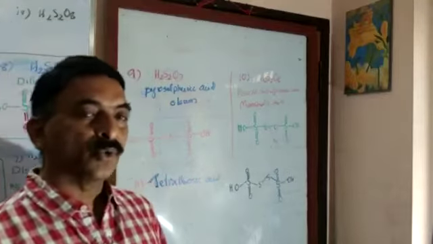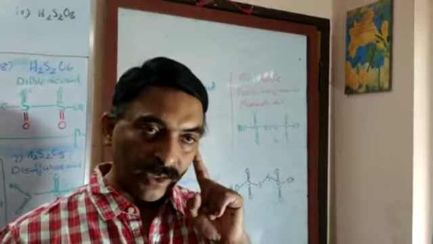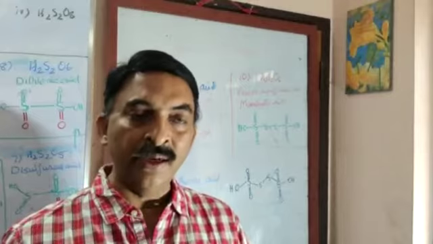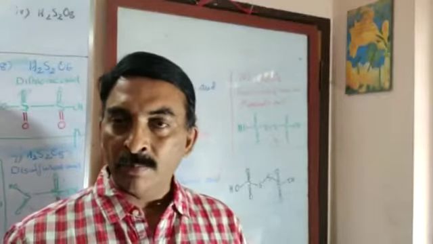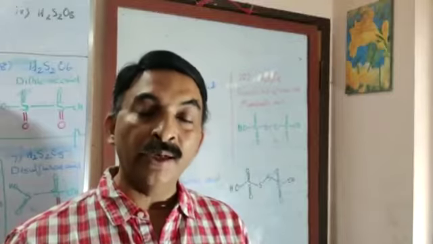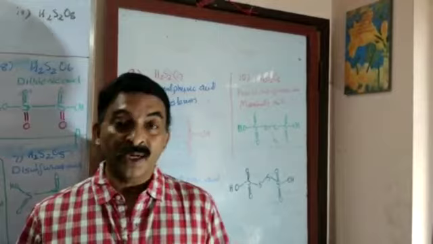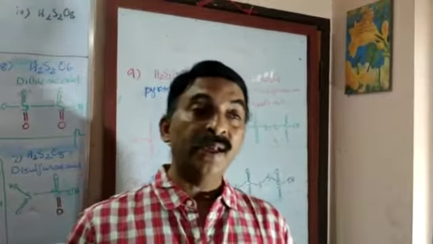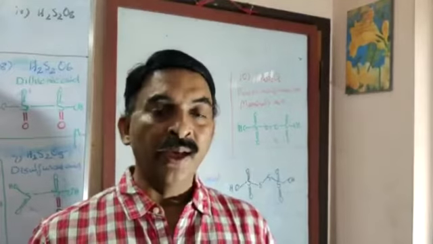We are familiar with sodium tetrathionate from the first year chapter on redox reactions, in the estimation of copper by first mixing with potassium iodide and titrating the liberated iodine with sodium thiosulfate.